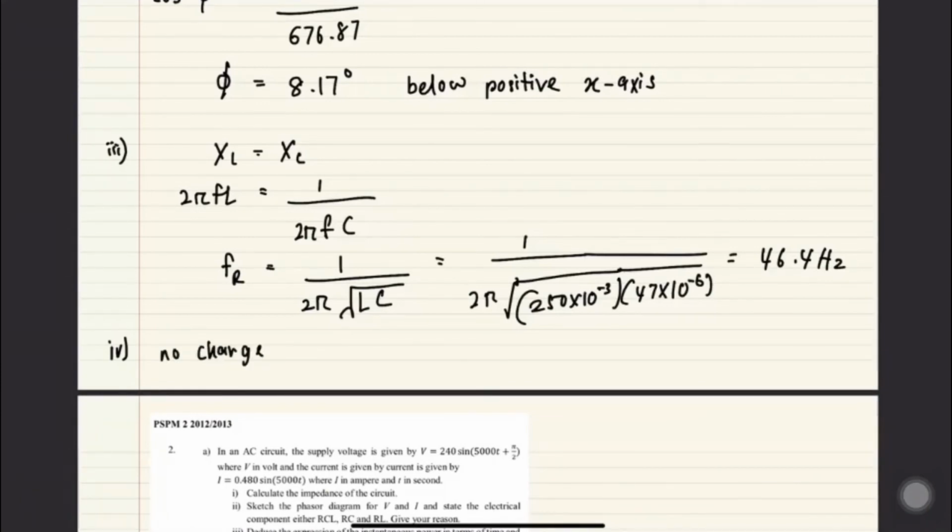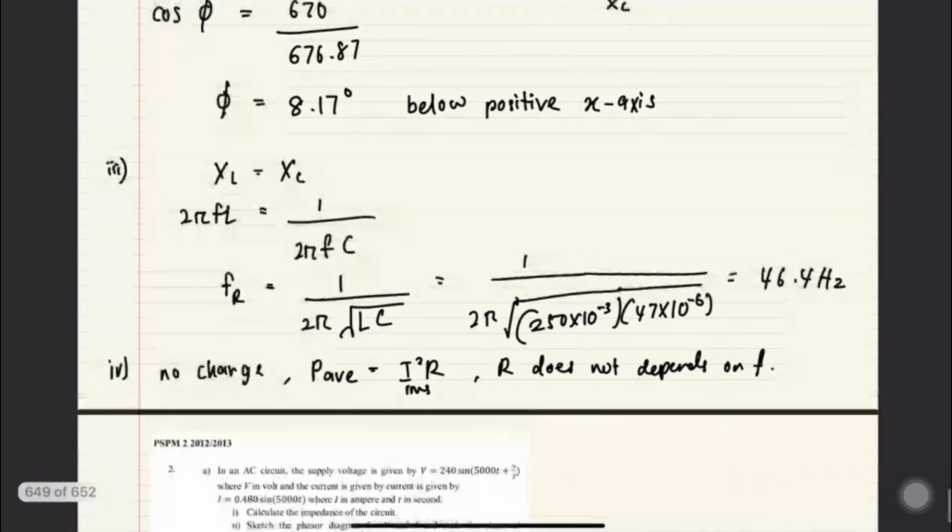You can state this formula where P average equals I squared R. R does not depend on frequency. So even if you change the frequency, there will be no change in the power dissipated or power output. Okay, understand or not?